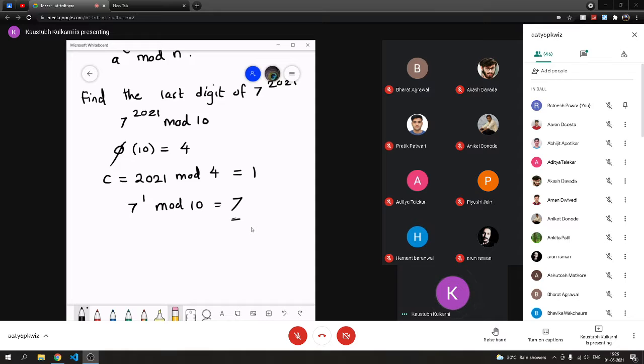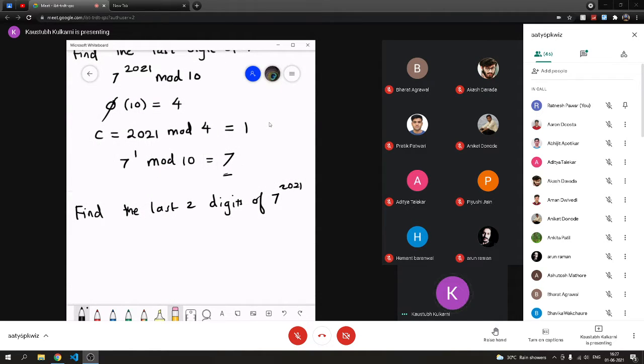Any questions, any doubts in this calculation? No? Okay. Let's say we want to find the last two digits of 7 raised to 2021. Effectively we are finding 7 raised to 2021 mod 100. What is phi of 100?